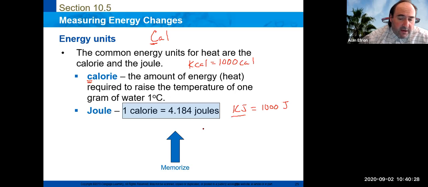The Calorie with the capital C is a nutritional Calorie. Basically 1 Calorie with a capital C is the same as 1,000 of the little calories with the little c, and that's the same as 1 kilocalorie.